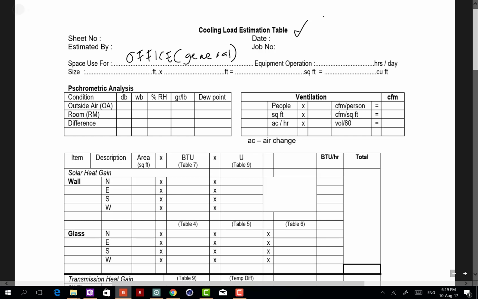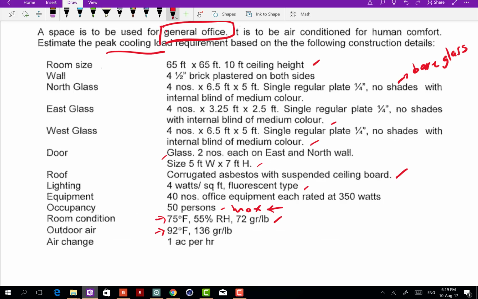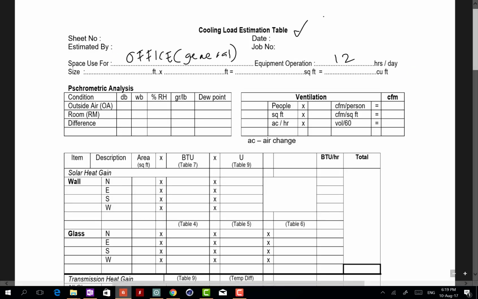The equipment operation for office normally is set to be 12 hours per day, and then the size is estimated to be 65 multiplied with 65 feet.